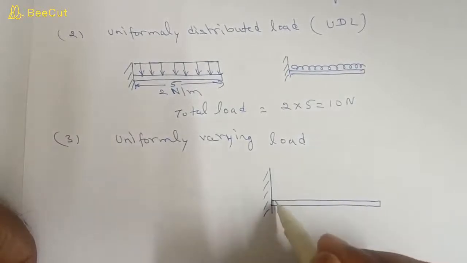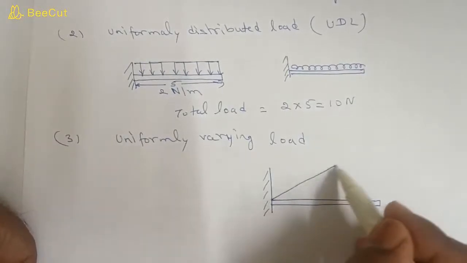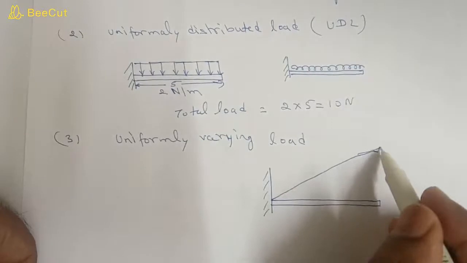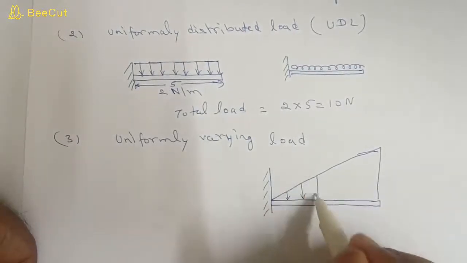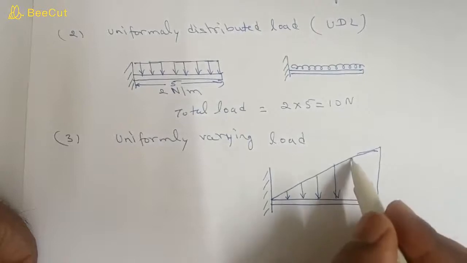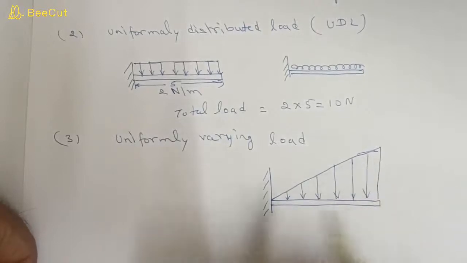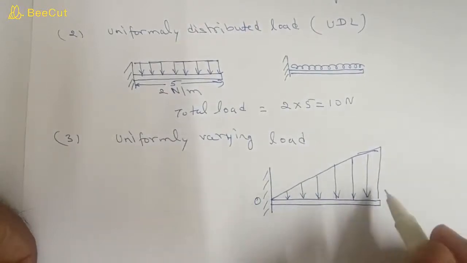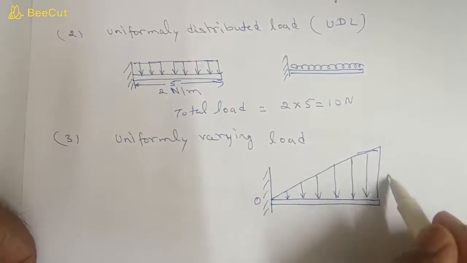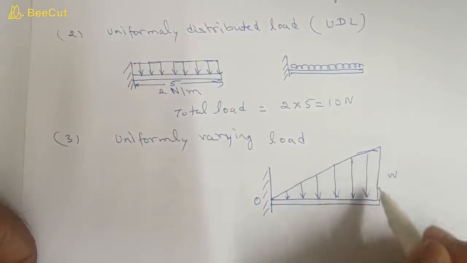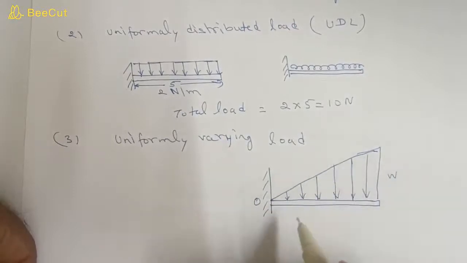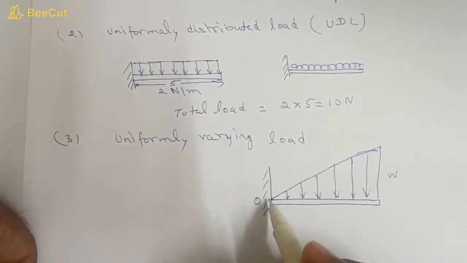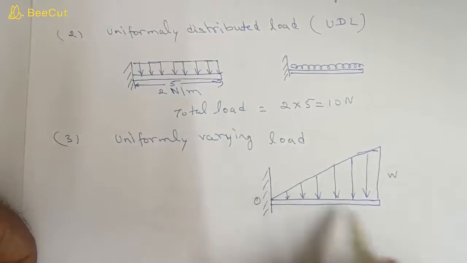The load will be like this, and the loading direction will be given as arrows. The load will start from 0 and go to a maximum value, suppose W. This is load W and this is load 0. It will act over the length of the beam, and it will increase or decrease continuously.